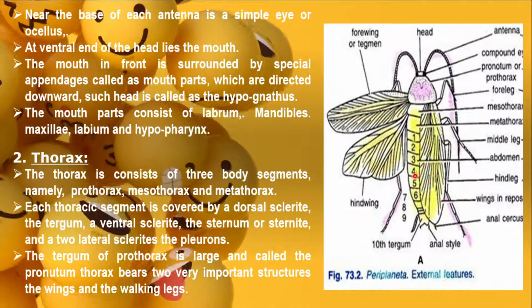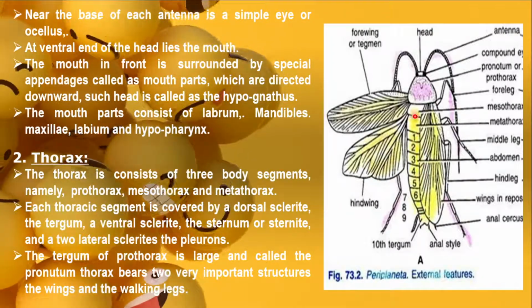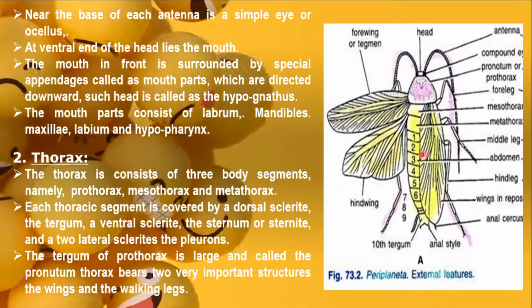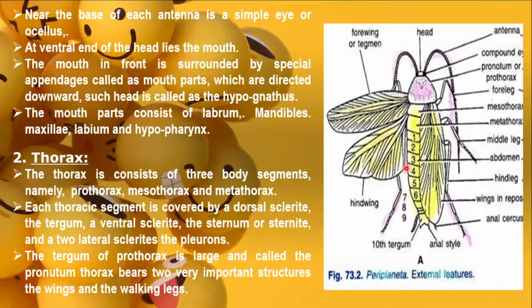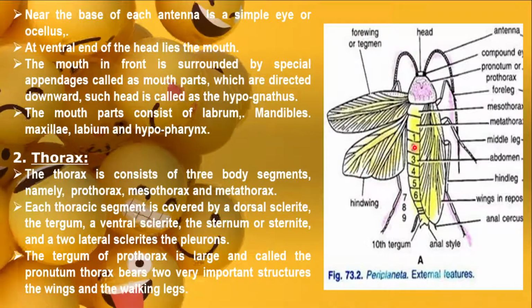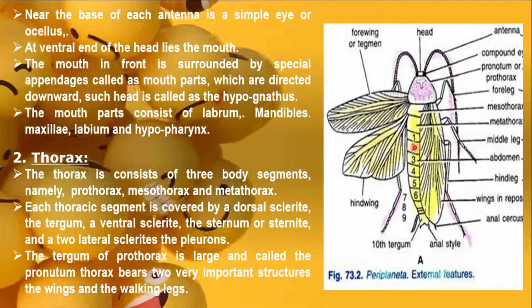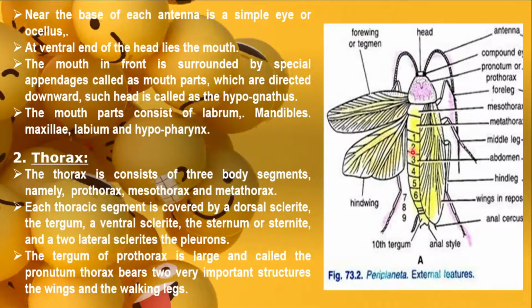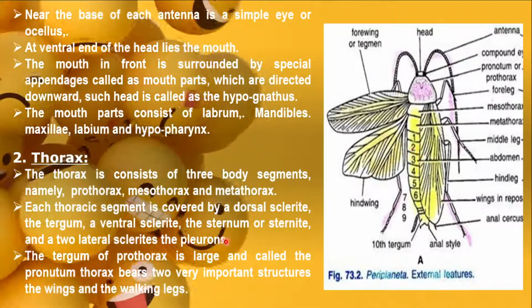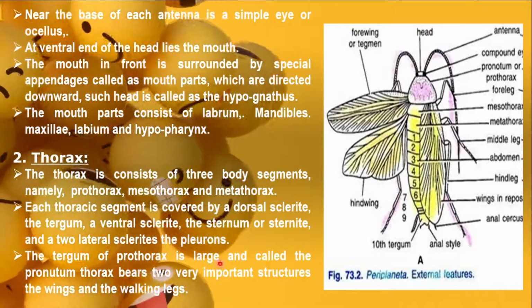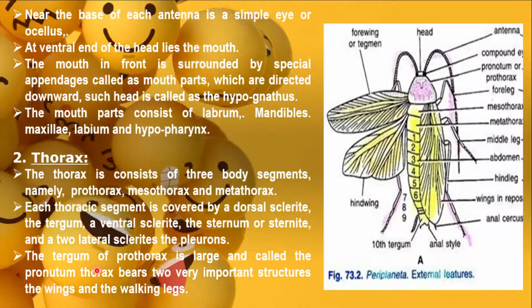So the hard covering on the dorsal surface showing each segment is called scleroids or tergum, and on the ventral side the segments are very soft, but they can be identified separately. Those soft ventral segments are called sternites.